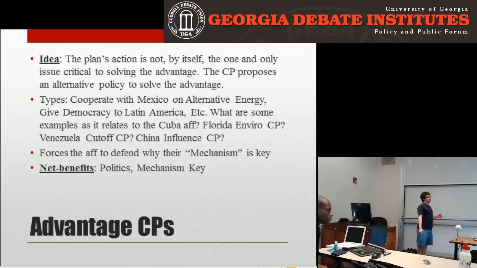There's the Florida environment advantage. Do you think there are other ways to preserve Florida's environment that aren't just drilling in Cuba? Work on clean energy. You could set up a program that is basically made to protect Florida's environment, right?